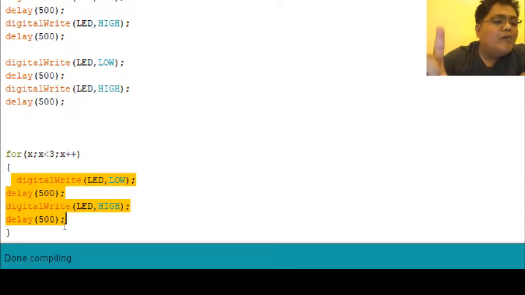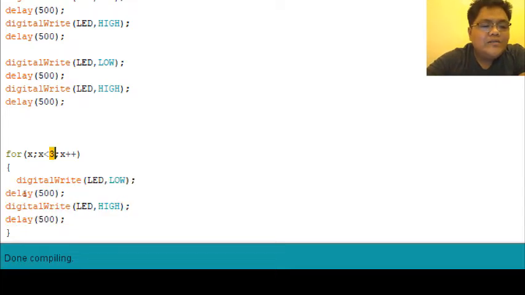Of course, it will blink 1 time, then the for loop will continue to repeat the process as long as it satisfies the argument.